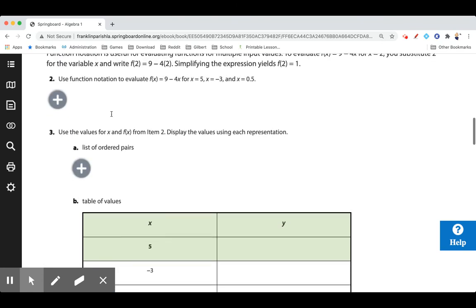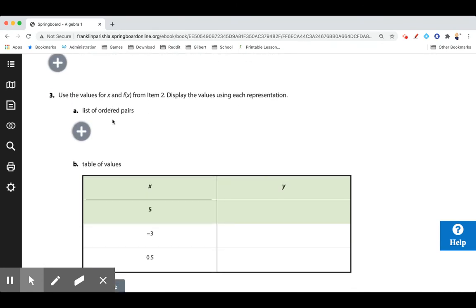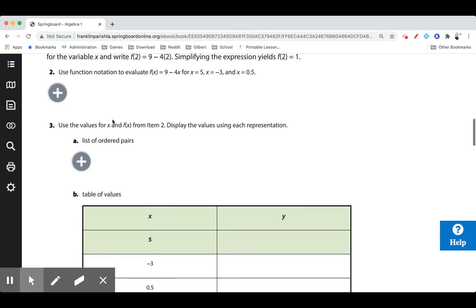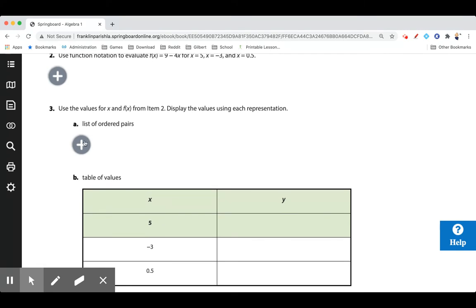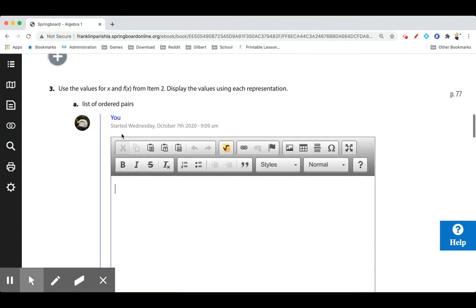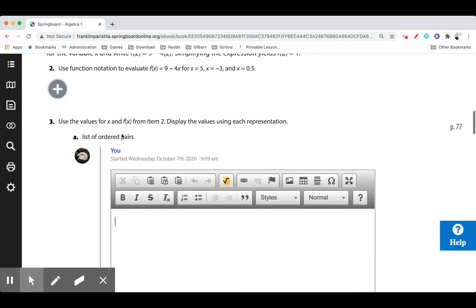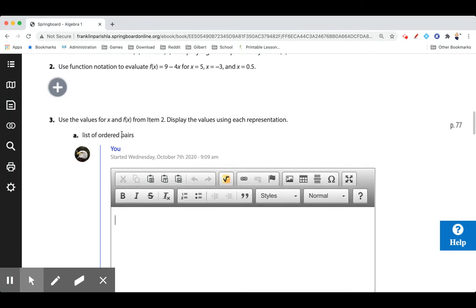All right, number 3. Use the values for x and f of x from item 2 and display the values using each representation. And so the list of ordered pairs. I probably shouldn't have erased what I just did. All right, so if I put in 5, I got out negative 11.